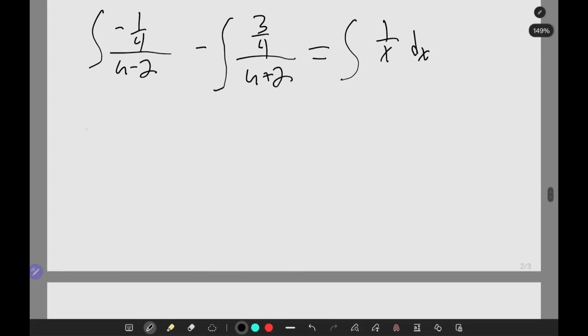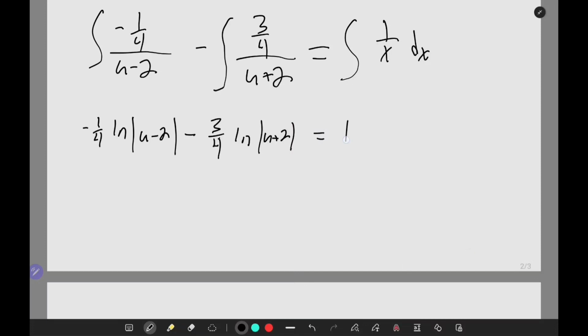Oh, this would just be negative 1/4 the natural log of absolute value u minus 2, right? Minus 3/4 the natural log of absolute value u plus 2. And this is just the natural log absolute value x.